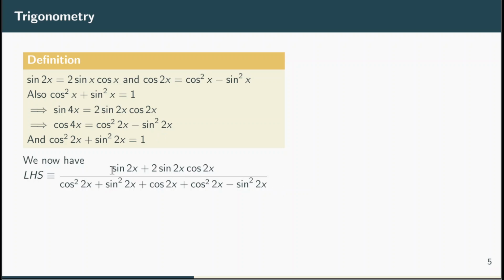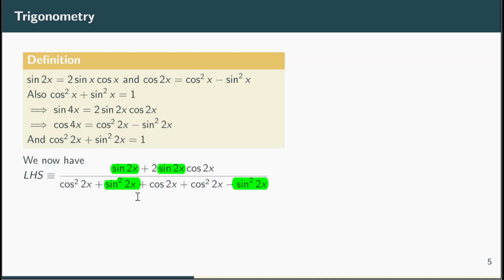Now, on the numerator, I have that sine 2x is common, so I can factor out sine 2x from the numerator. And on the denominator, a lot of things are going to cancel out, because sine squared 2x cancels out very nicely with sine squared 2x. Then cos squared 2x is common to cos squared 2x, and when I add them both, I'm going to have 2 cos squared 2x, and I'm left with cos 2x.